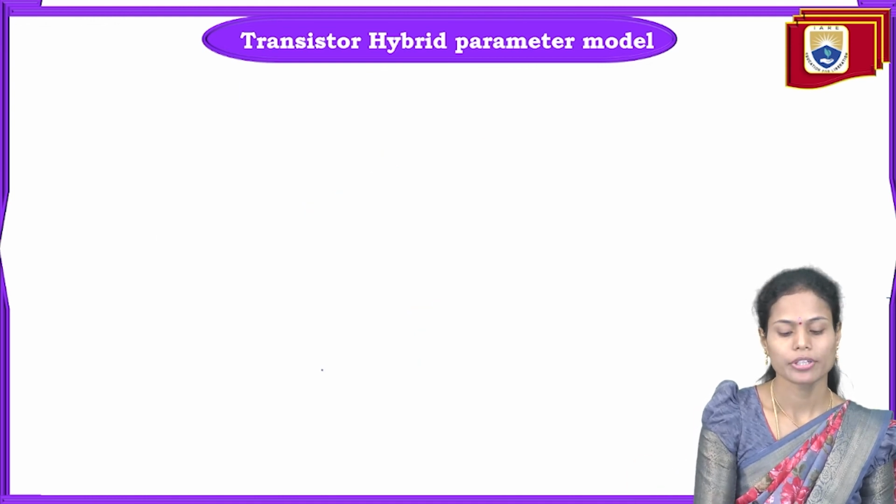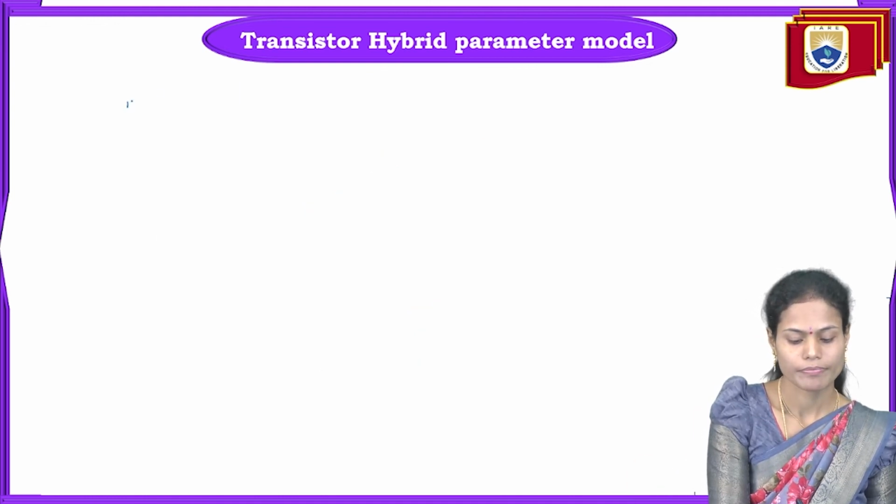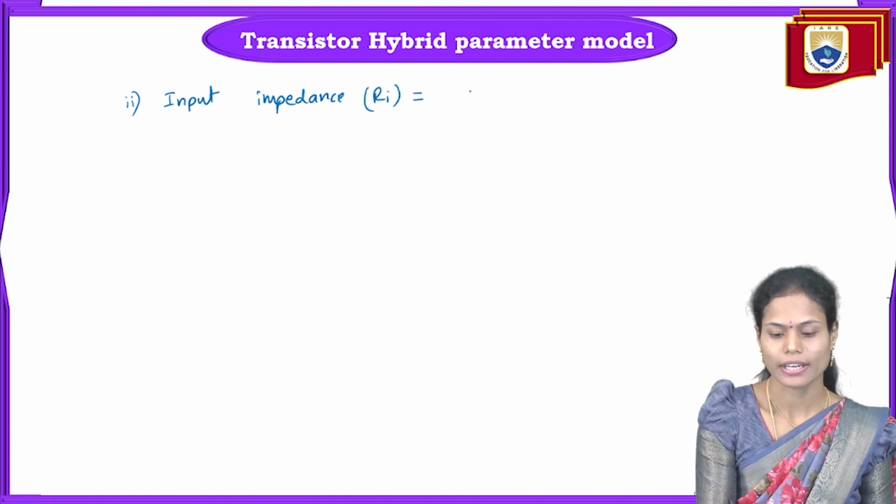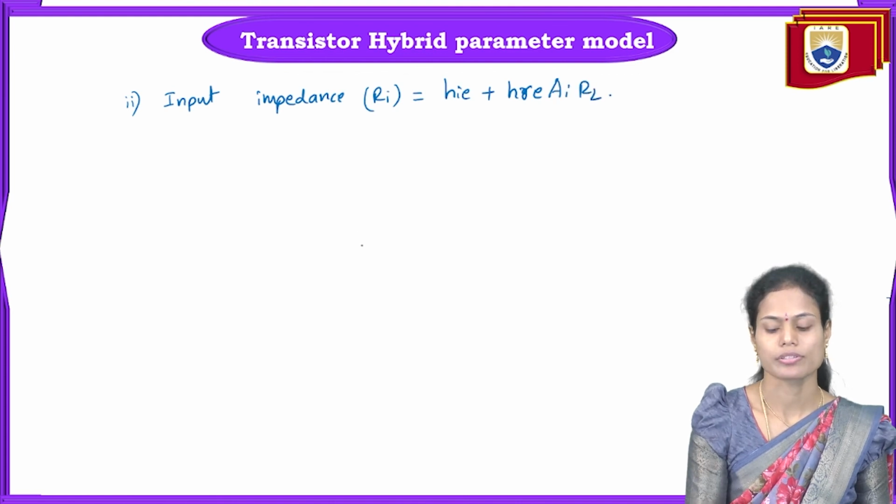And the second parameter we need to calculate here is input impedance. Input impedance Ri in the exact analysis is HIE plus HRE into current gain into load resistance.